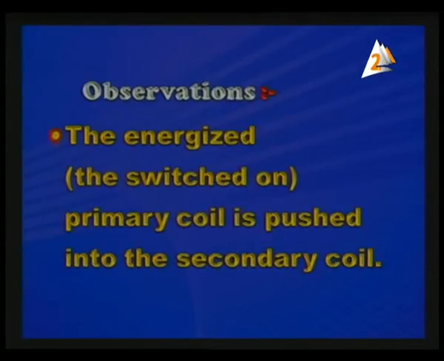This means we've got the same direction of deflection. The needle of the galvanometer deflects in the same direction when approaching the primary coil, when the current in the primary is increased, and when switching the current in the primary on.